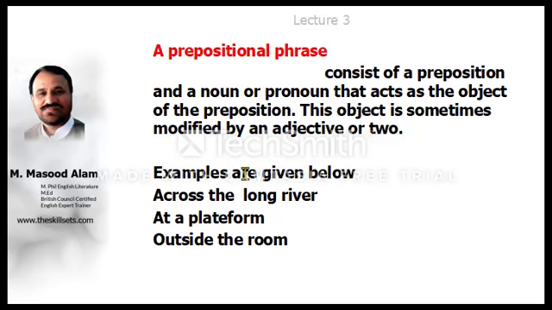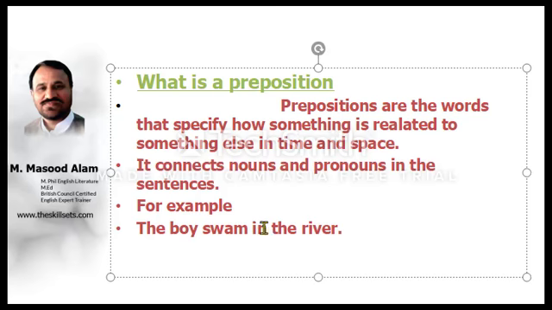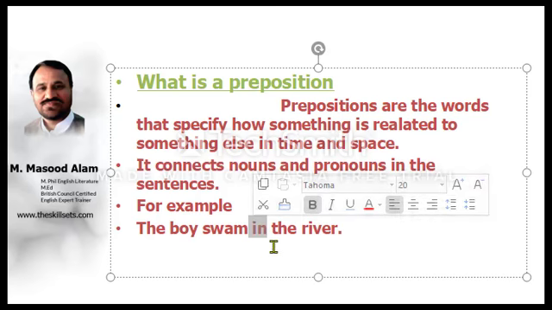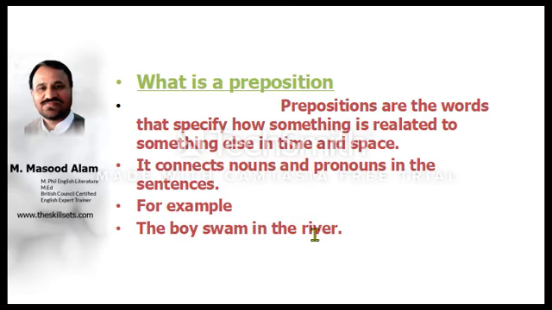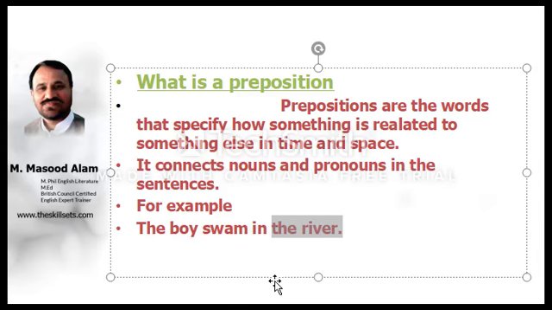Prepositions are words that show how something is related to something else in time and space. A preposition connects nouns and pronouns in the sentence, and the example is: the boy swam in the river. Here in is the preposition and the river is the object of the preposition. So in the river is the prepositional phrase. And if we delete the river, we get: the boy swam in.